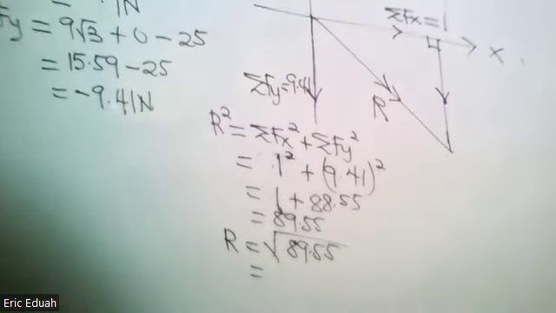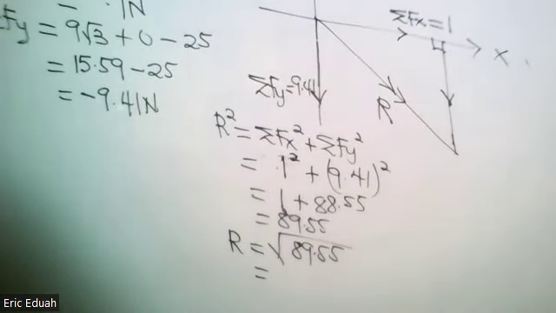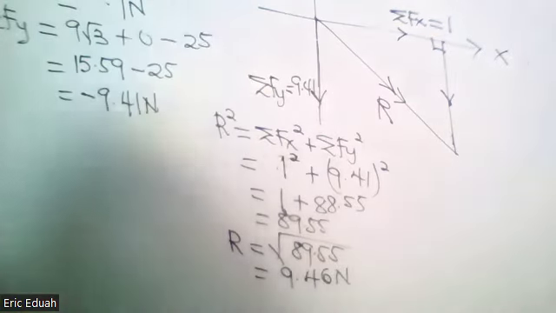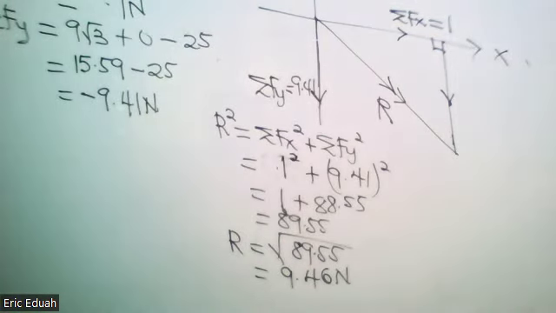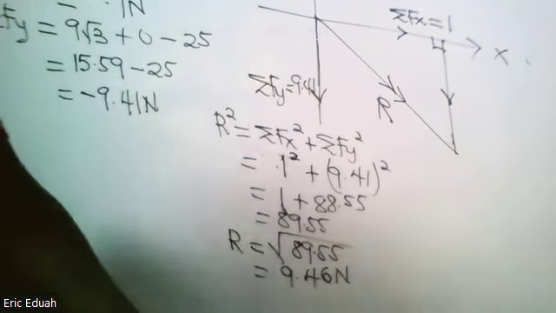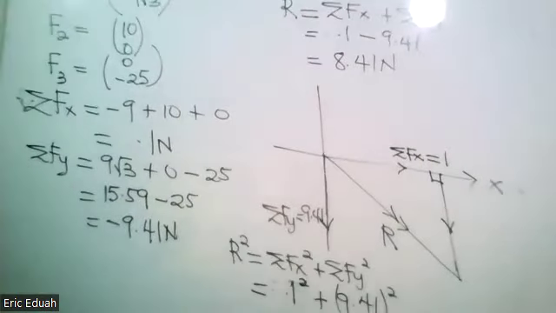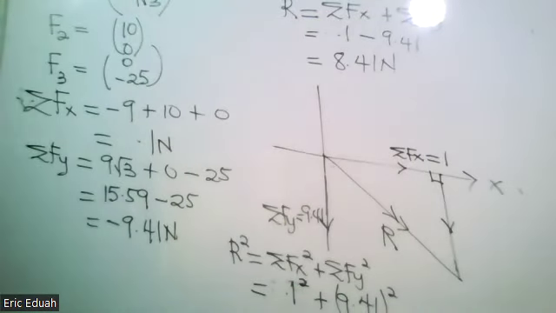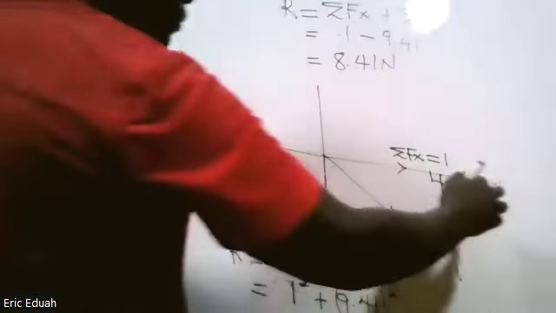So R is equal to the square root of 89.55. What's the square root of this? 9.46. Now the direction. Be attentive to the direction. The resultant force acts within the east-south direction.